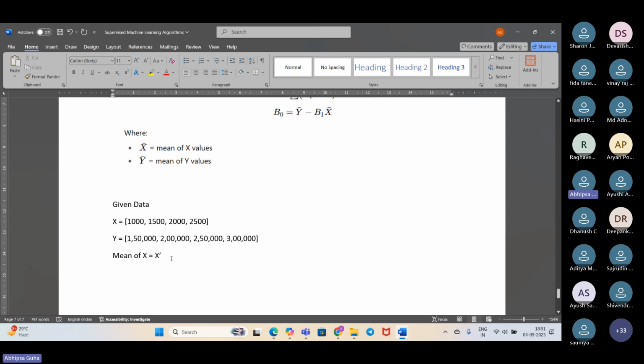So we will be doing 1000 plus 1500 plus 2000 plus 2500, adding it first, then dividing by 4.